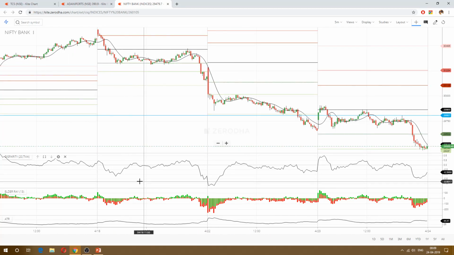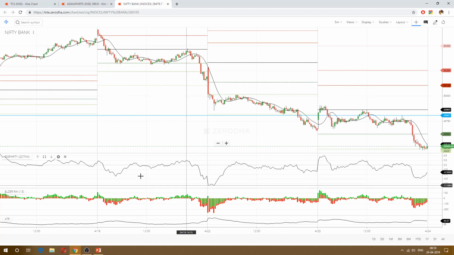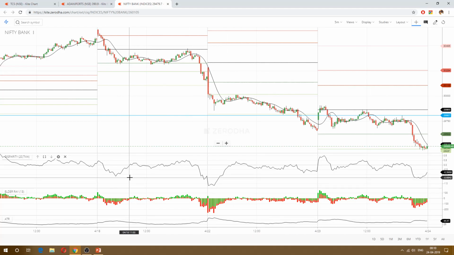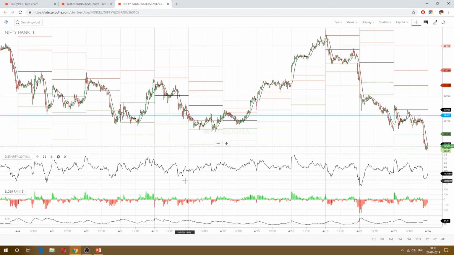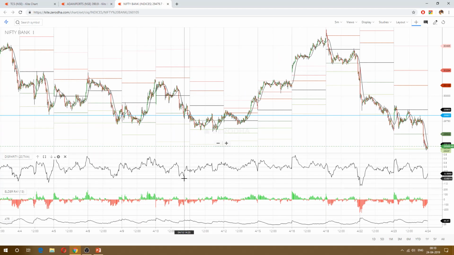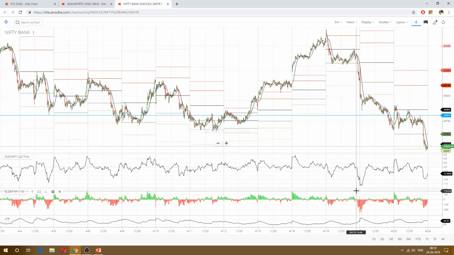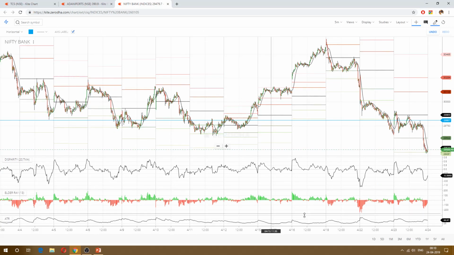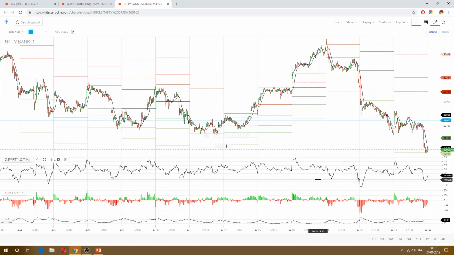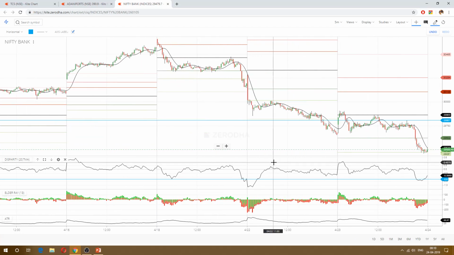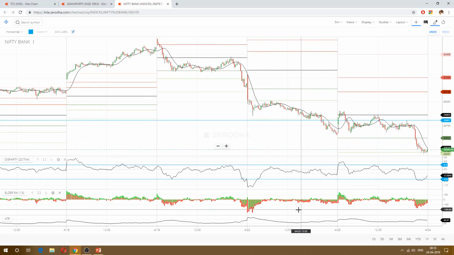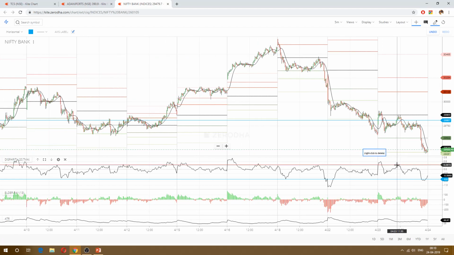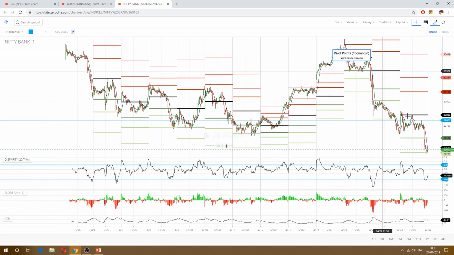See, it is an approximate area where Bank Nifty is recovering, right? See, it touches almost this. Let me draw and I'll tell you. This is the approximate area where the prices are going, and in the last 2-3 days it is unable to breach around this area because it is in downtrend, right?